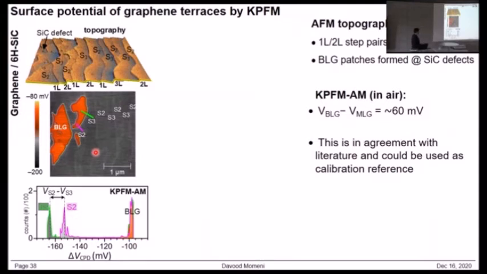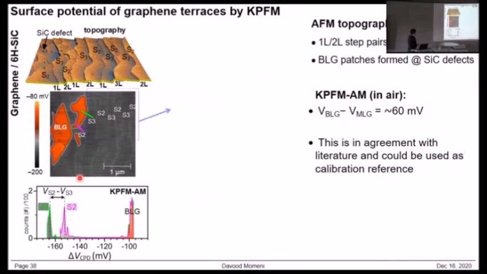From the graph made from these two lines, the magenta line and green line, you can see that we have almost 10 millivolt surface potential difference between S2 and S3 terminations.